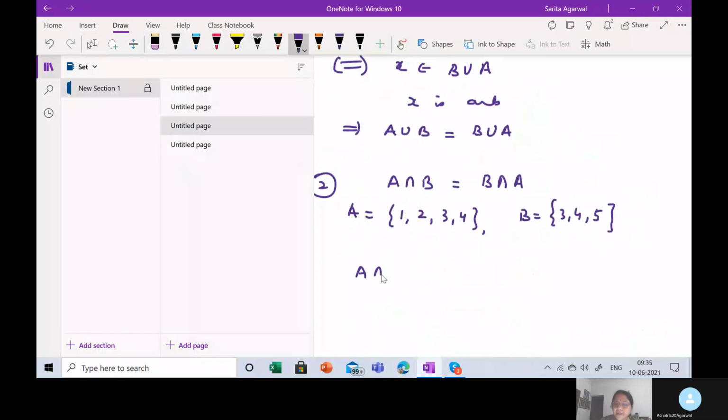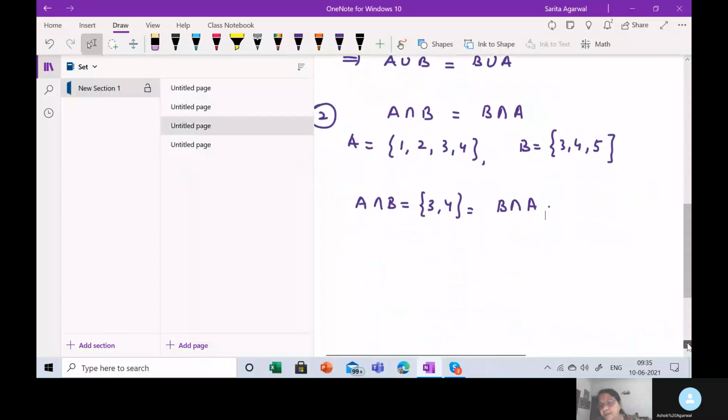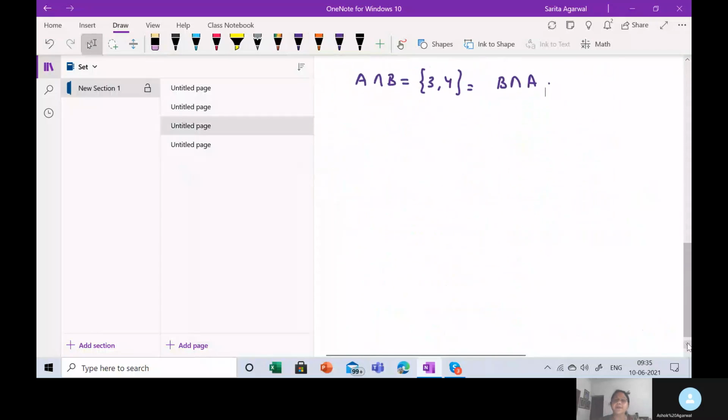Then A intersection B is 3, 4, and similarly B intersection A is 3, 4. Now in a similar fashion, we prove that A intersection B is B intersection A.